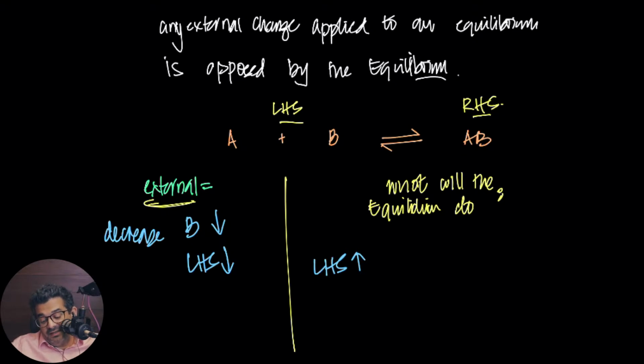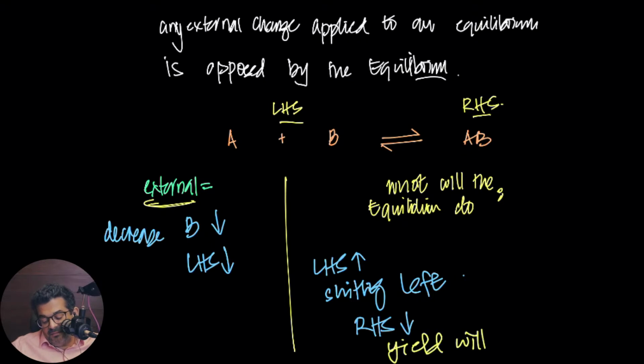Now the only way to increase left hand side is by shifting left. If it shifts left, then the right hand side will decrease, which means the yield will decrease. Do you follow?